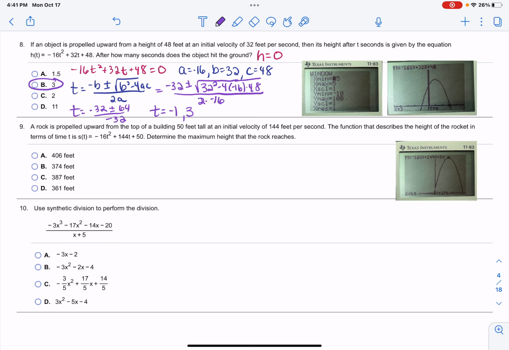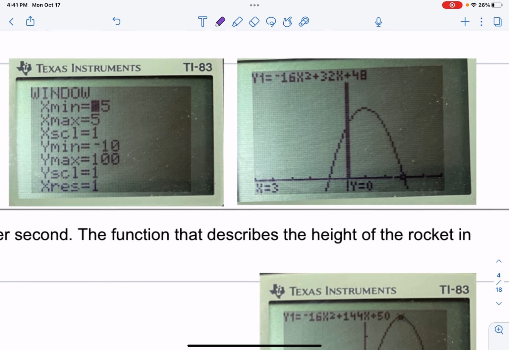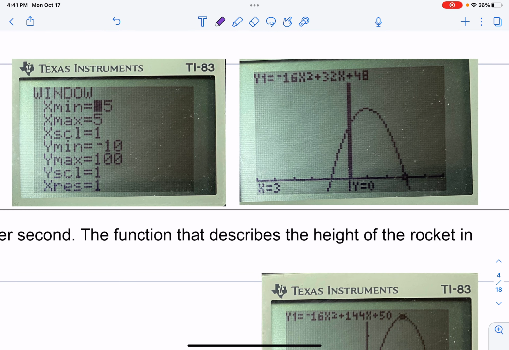I've also gone through and looked at the graph using a graphing calculator. Pressing the y equals, you can enter the equation. Now if you just do a standard zoom, you're not going to be able to see all the detail of the graph. So I had to make adjustments so that I can see how high this object is traveling.